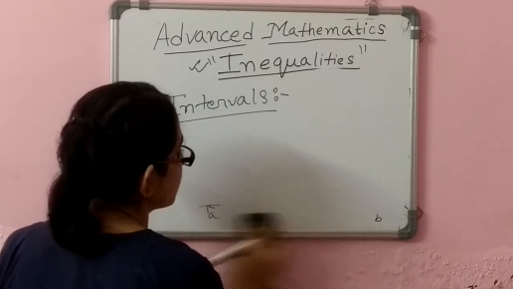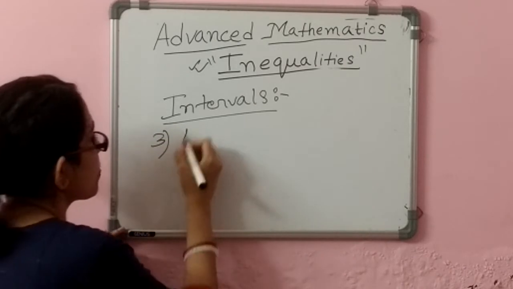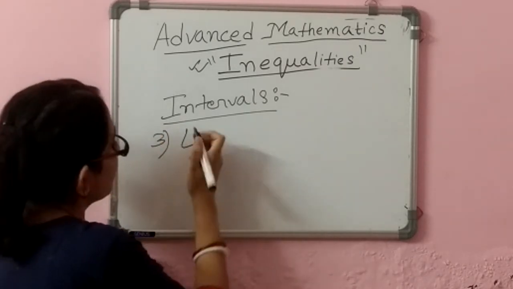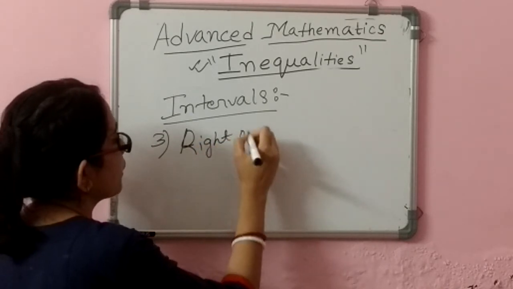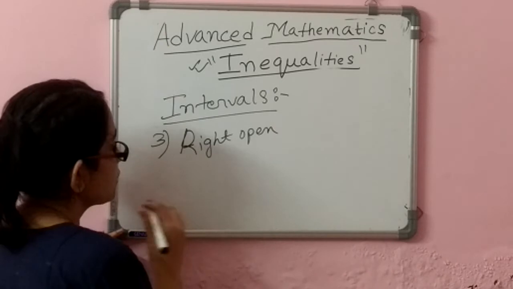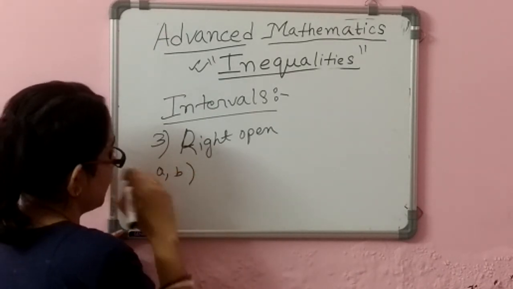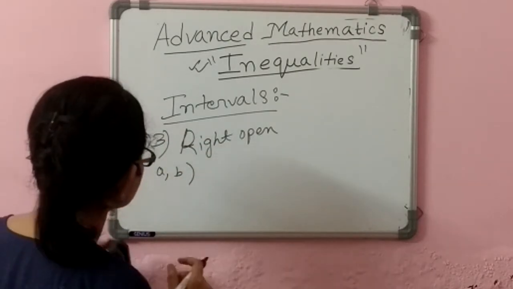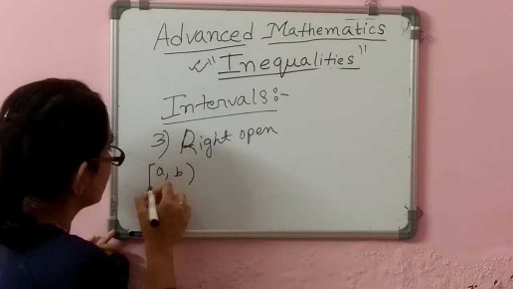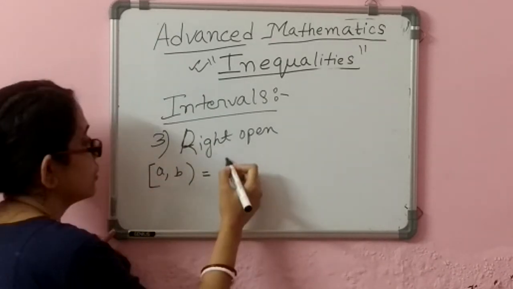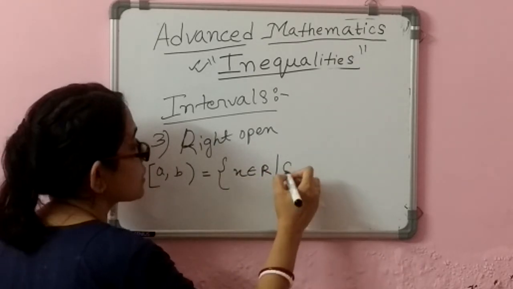So the third interval is the right open. Right open means open interval on the right side. It will be open. It is represented like this.